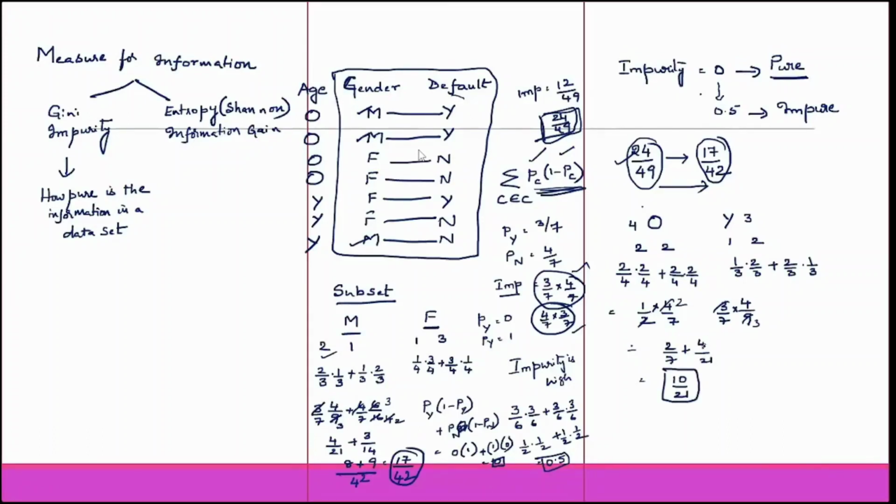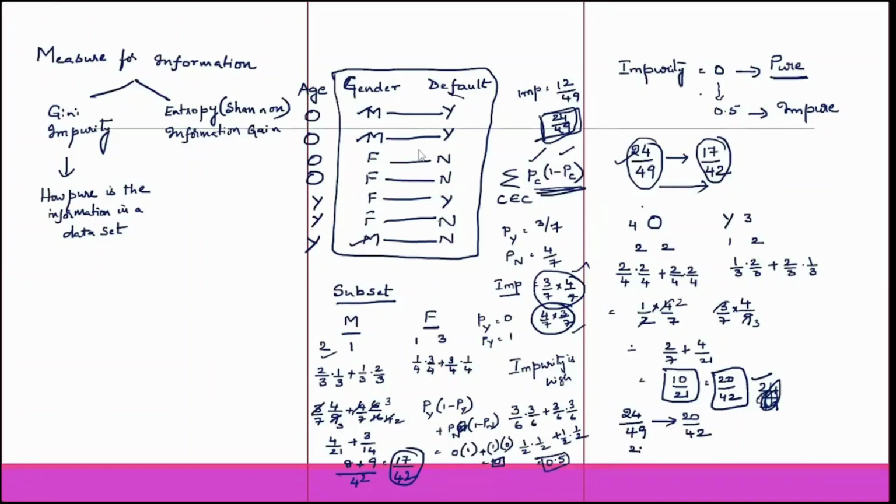I don't know whether it got reduced much or not at all. Right? Probably if I try to find out the difference between these two, it is as good as 20 by 42. So which means the impurity, when I am doing a split based on the age, came down from 24 by 49 to 20 by 42.